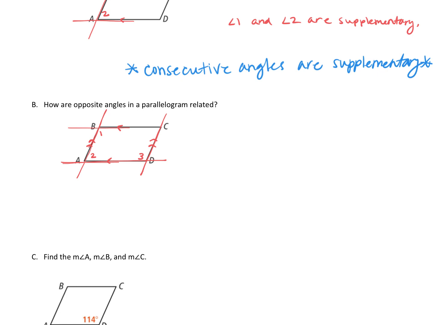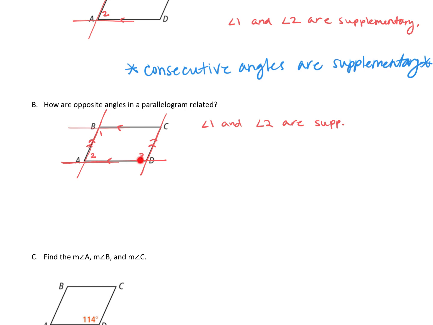In this picture, where are the opposite angles? So angle 1 and angle 3 are opposite. So how do they relate to each other? Well, what do we know? We know that angle 1 and angle 2 are supplementary because they are consecutive angles.